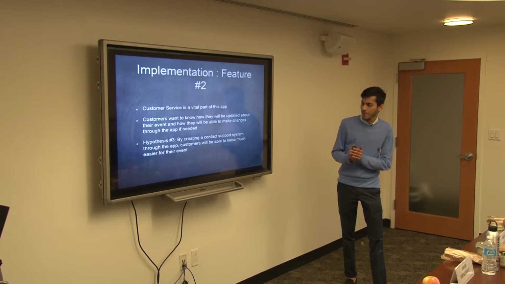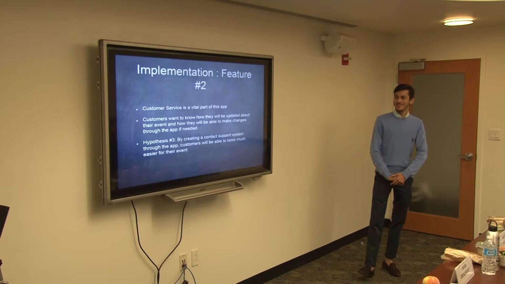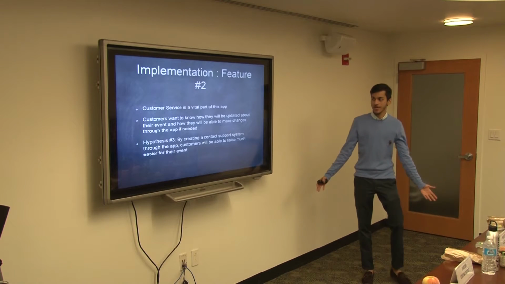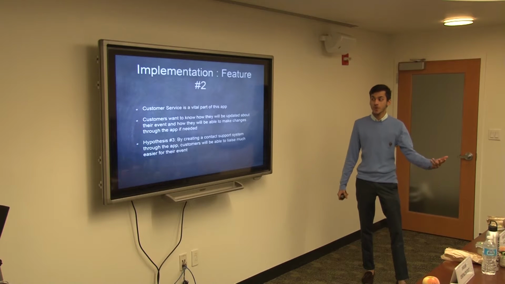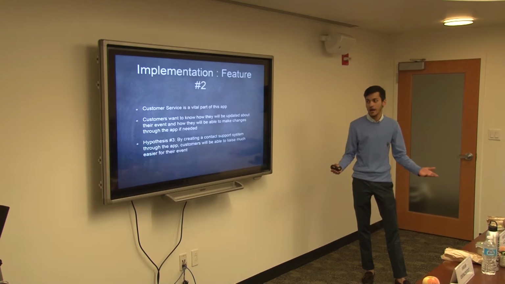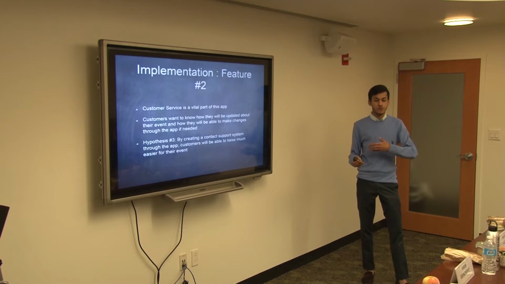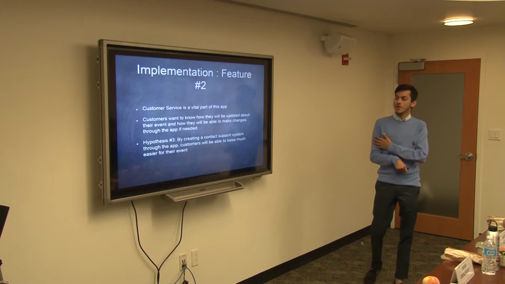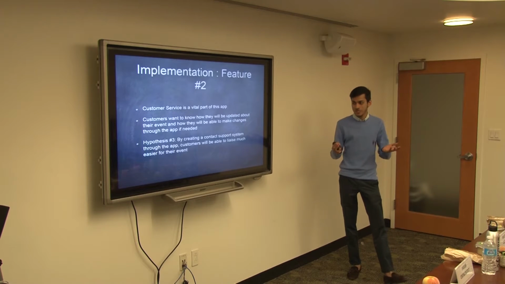Customer success is a vital part of this app, because it's hospitality that we're looking into. Customers want to know how they'll be updated about any changes that their event will have, and how they'll be able to liaise with different suppliers. So hypothesis 3 was, by creating a contact support system in the app, would customers be able to liaise much easier for their event?